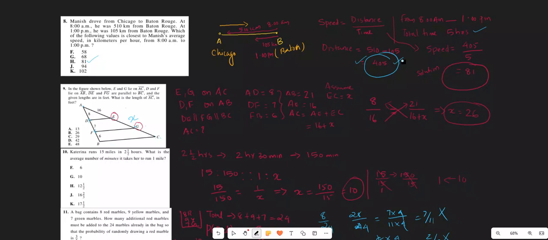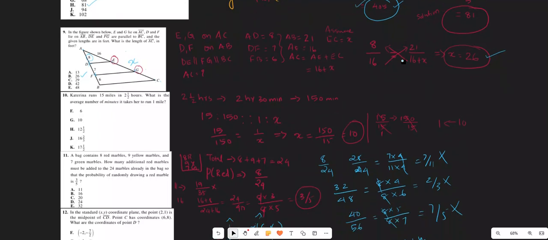So I'm considering this, and the corresponding side length is 16 over here. So 8 over 16. Cross multiply and solve for X. The answer is 26. So we have the option 26 here. So basically, you should practice the similarity ratios. That's what you need to do to tackle these kinds of problems.